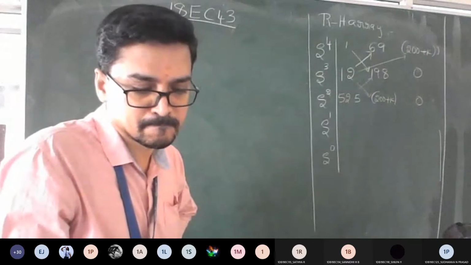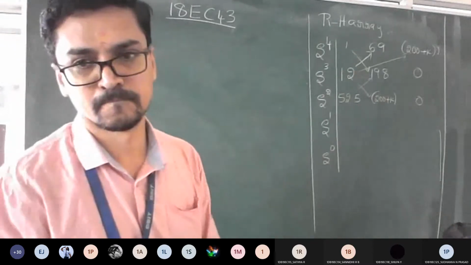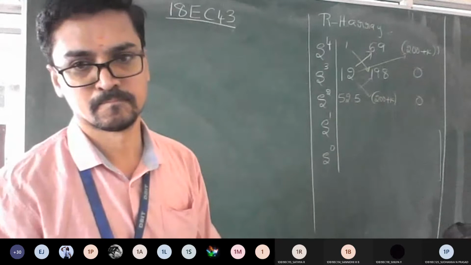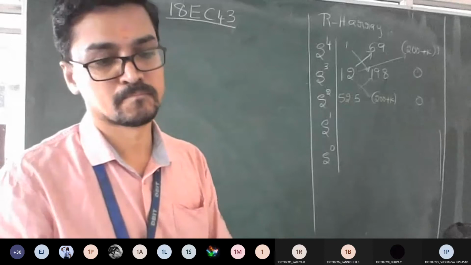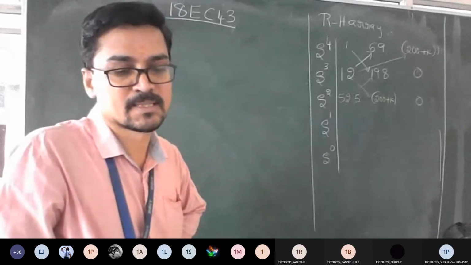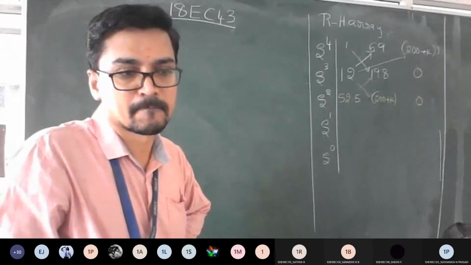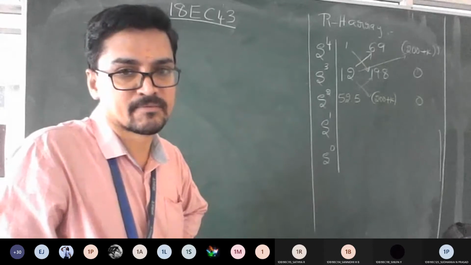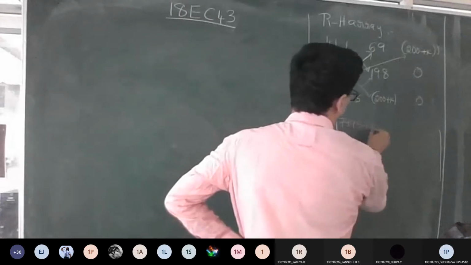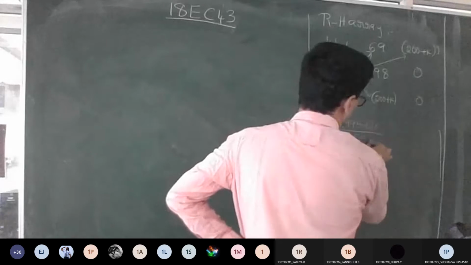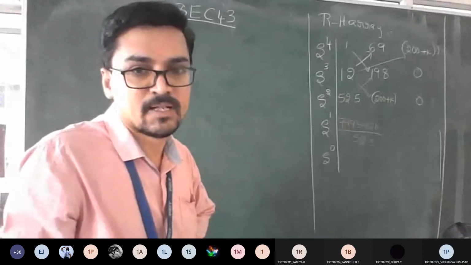How much? Multiply 52.5 into 198, what is the answer? Do those things aside, as I told you earlier. What's the answer? Is it 7995 minus 12k? Is it the answer you got? 7995 minus 12k divided by 52.5.